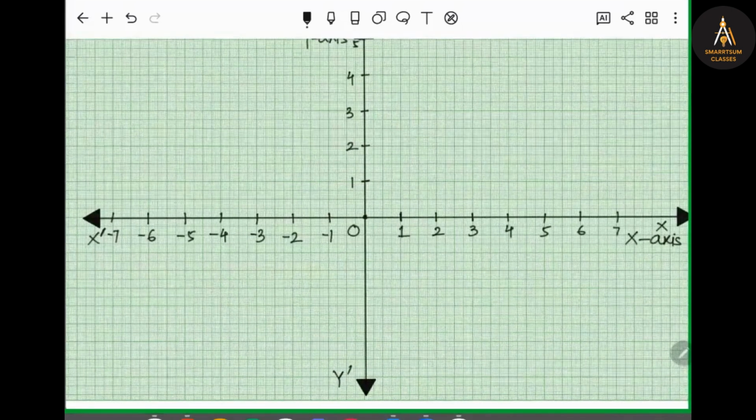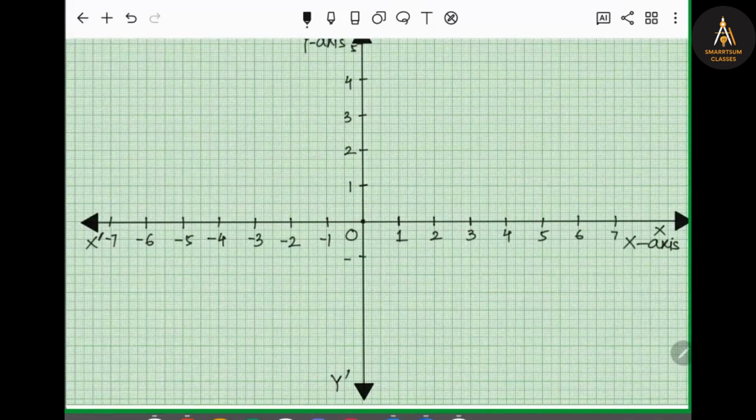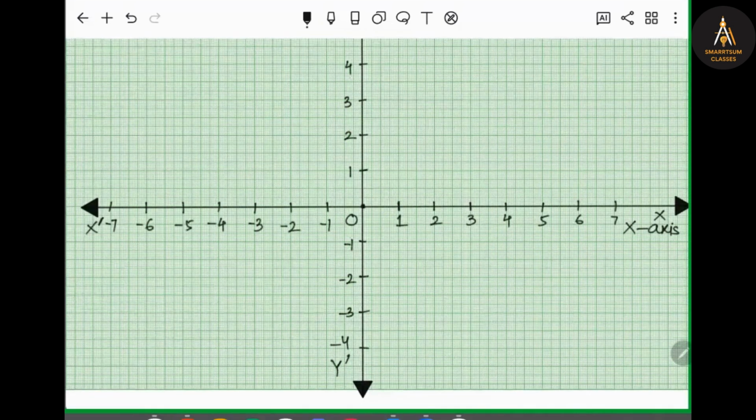Similarly, in the opposite direction, -1, -2, -3, -4, and -5.